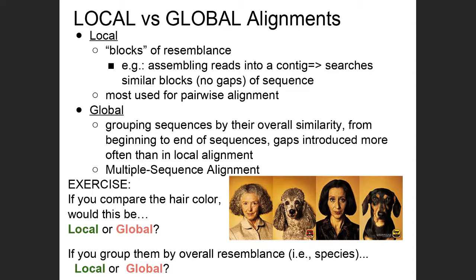So when you're comparing the hair color, you tell me, local or global, if I'm zooming in on the hair color. Right, Sydney? So yeah, local, good, Michael, local. And if I am looking at the overall resemblance, then that's global. Good job.